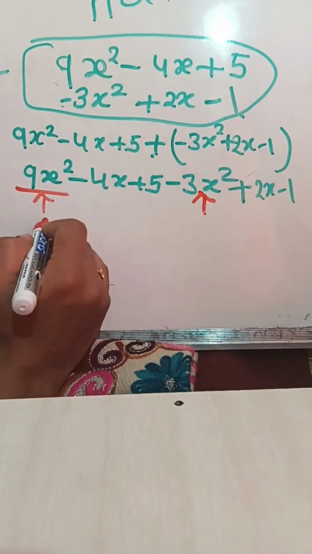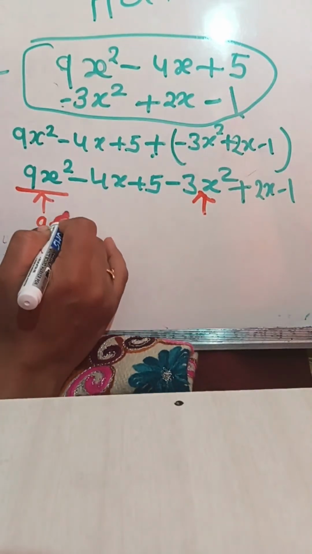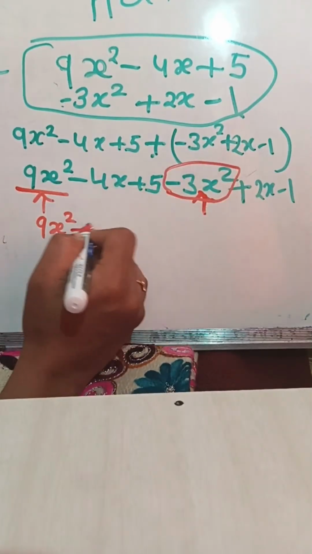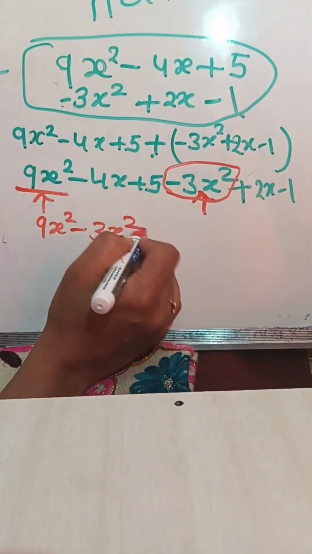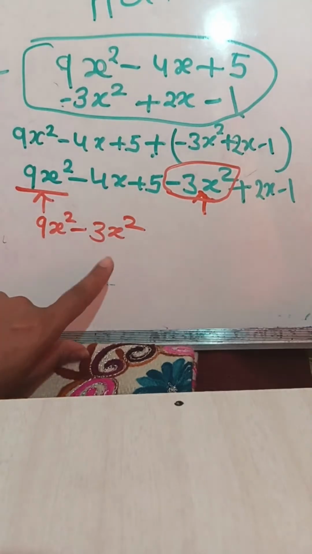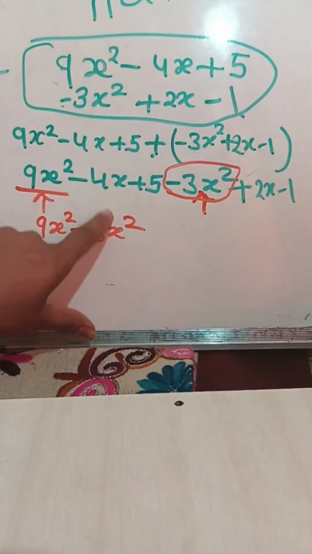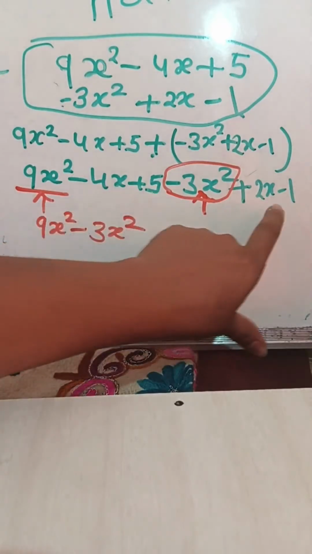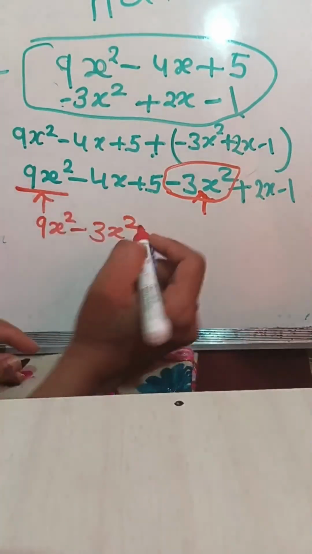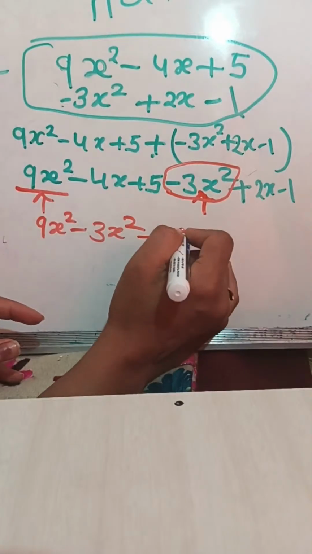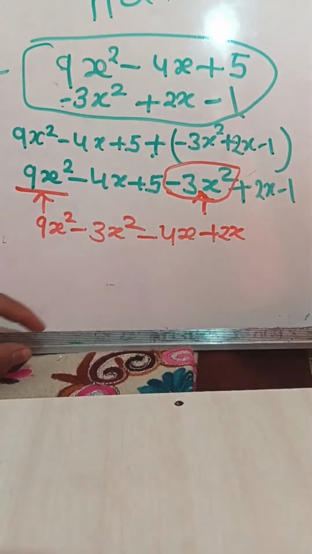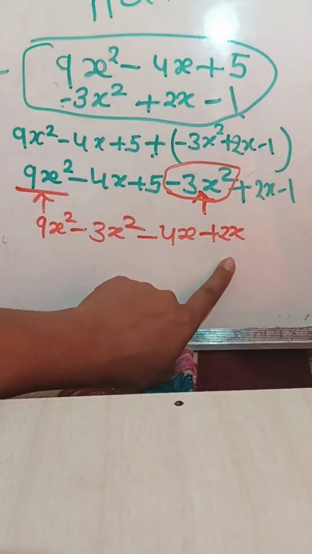Then just write down 9x square minus 3x square. Clear? Next, which term do we have? Minus 4x. Now let's search for x terms. Yes, we have 2x. Then minus 4x plus 2x.